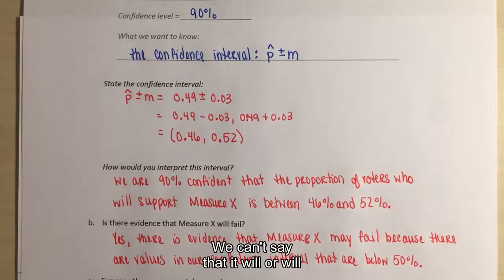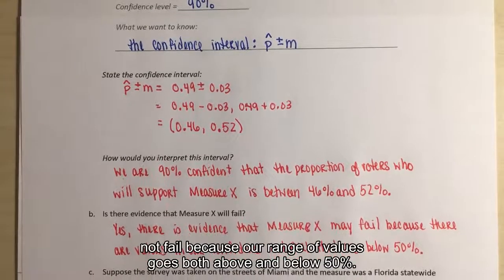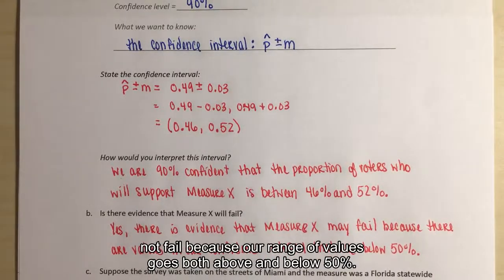So we can't say that it will or will not fail because our range of values goes both above and below 50%.